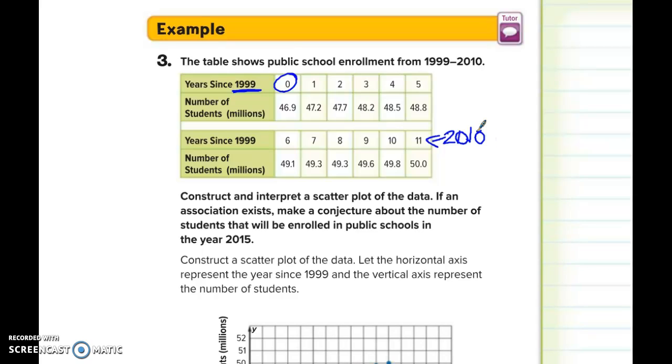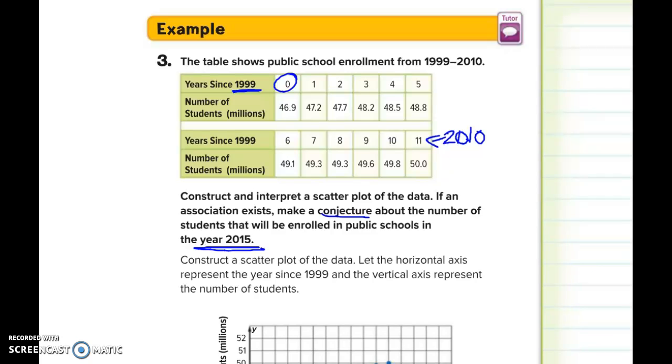We need to construct and interpret a scatter plot of the data. If an association exists, we have to make a conjecture about the number of students that will be enrolled in the year 2015. So our chart doesn't go up there, but if there's association, we could make a prediction about what the student enrollment in 2015 will be.